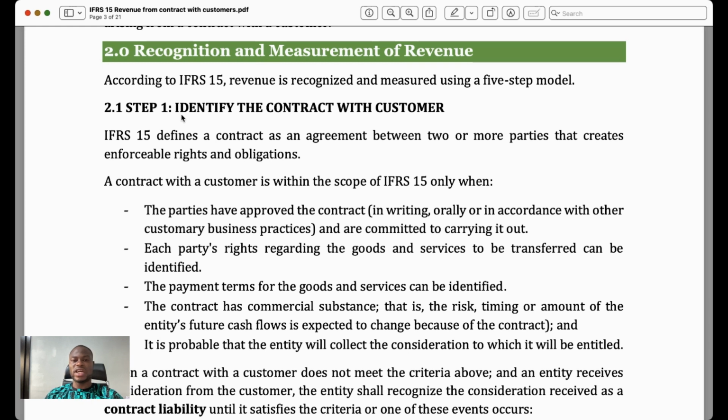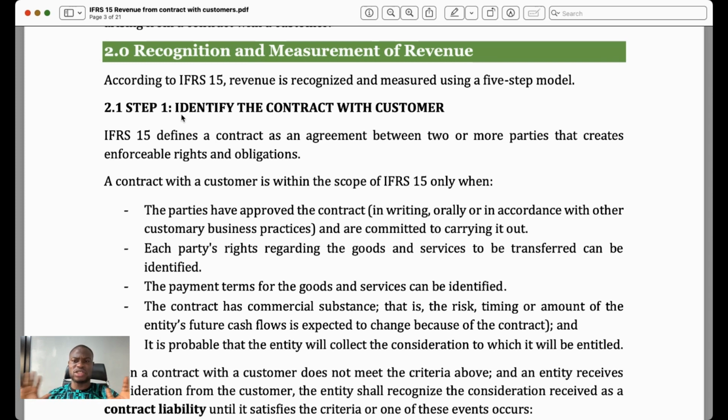This standard defines a contract as an agreement between two or more parties that creates enforceable rights and obligations. That is, it must have legal and economic consequences, meaning that if a party to the contract does not perform his own obligation, then the other party should be ready to exercise his own rights, either by suing the person or finding a way to collect his money.